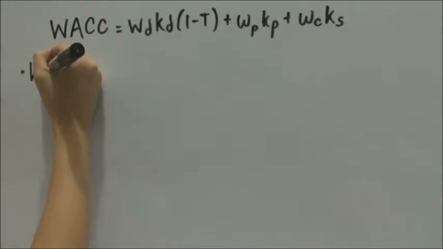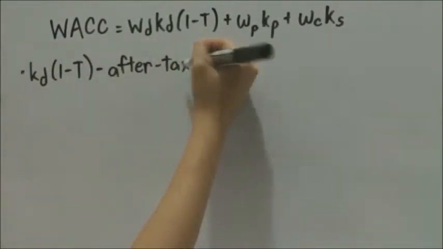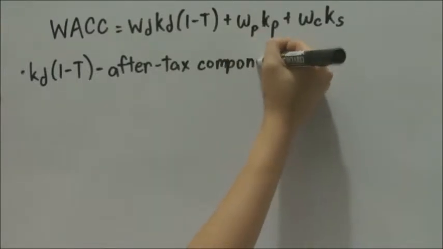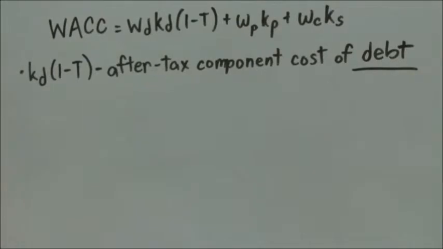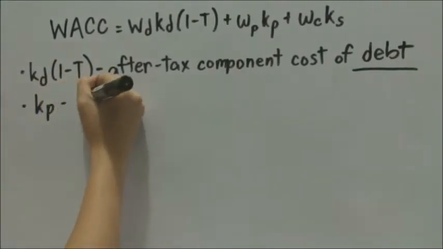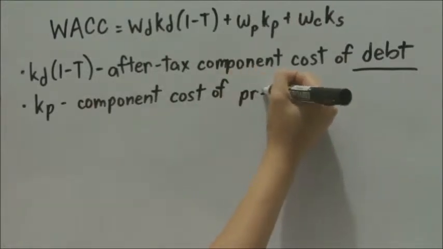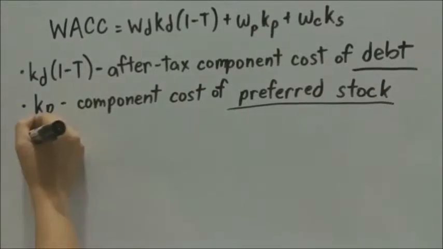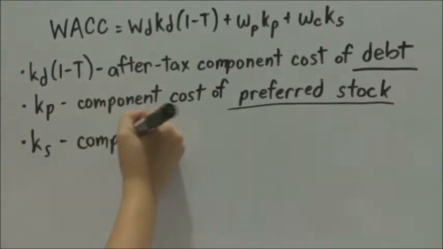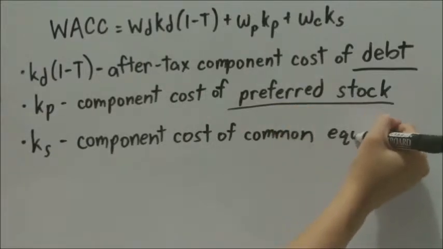The RD (1 minus T) is the after-tax component cost of debt. The RP is the component cost of preferred stock, found as the yield investors expect to earn on the preferred stock. The RS is the component cost of common equity raised by retained earnings or internal equity.